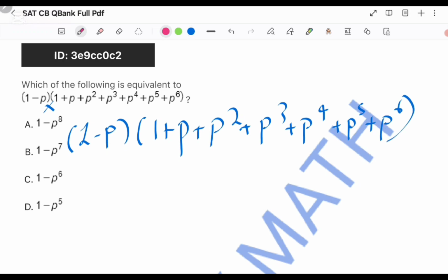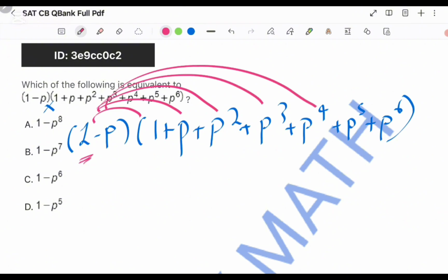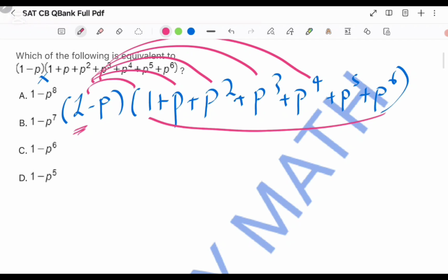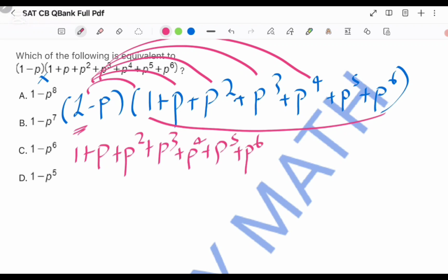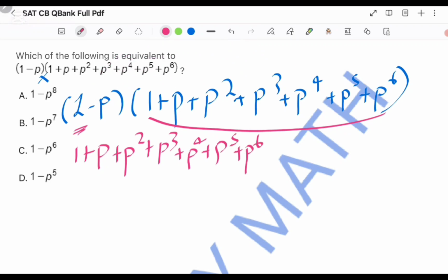Let's go ahead and first of all we're going to do the 1 with all of these, which is going to give you the exact same bracket, because 1 multiplied by anything is the same exact thing, and then we're just going to do the p's then. So I'm just going to go ahead and retype the same bracket. 1, p, p power 2, p power 3, 4, 5, 6, and then we're going to go ahead and do the p's.